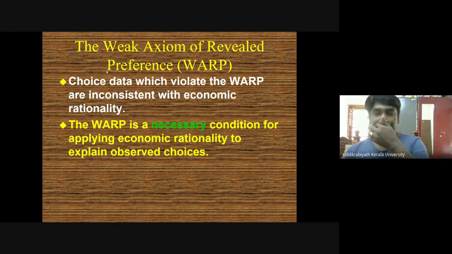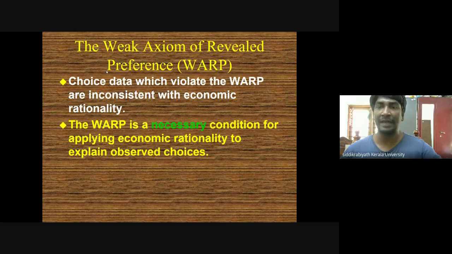So in that sense, what it means is that you cannot say that when A is better than B as your revealed preference, then B is going to be greater than A. That will create a sort of cyclicity or an intransitivity as far as the assumptions are concerned. Therefore, the direct revelation should not be violated.